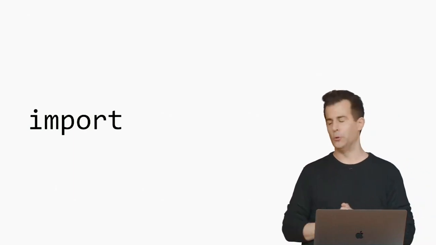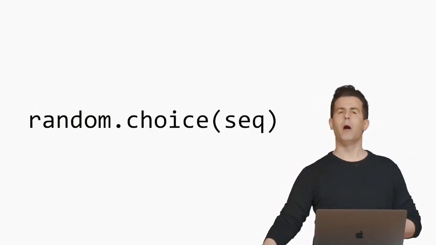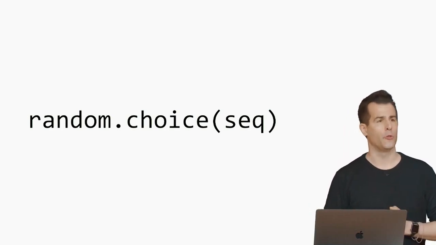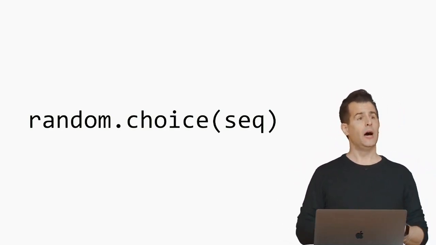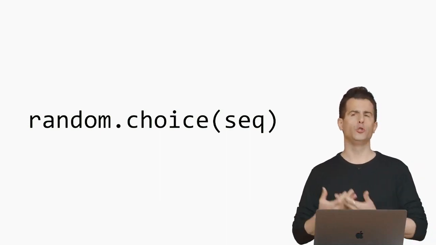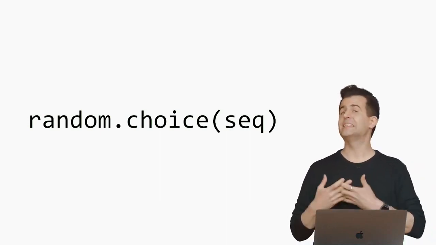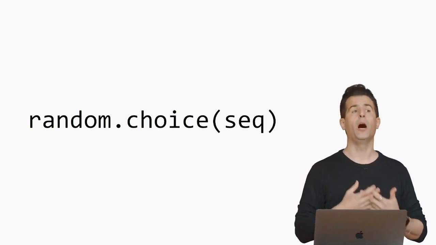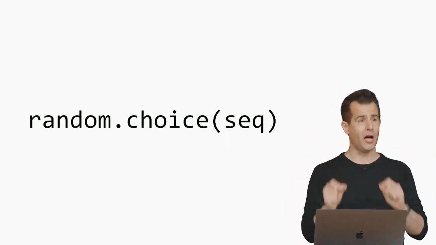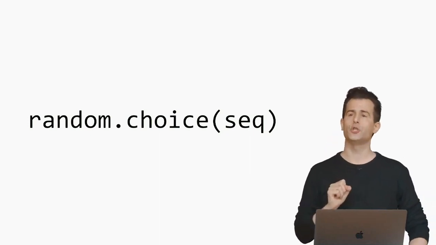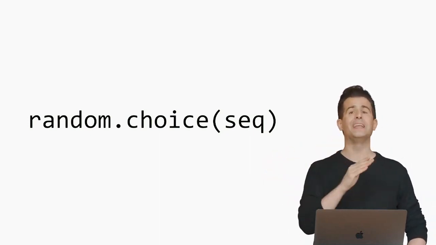Well, let me propose that there exists in that random module this function, among others. So I have copied and pasted from the documentation this summary of a function called choice. Now, the function exists in the random module, so to speak, not a random module, the random module. And so generally, the documentation describes it fully like this.